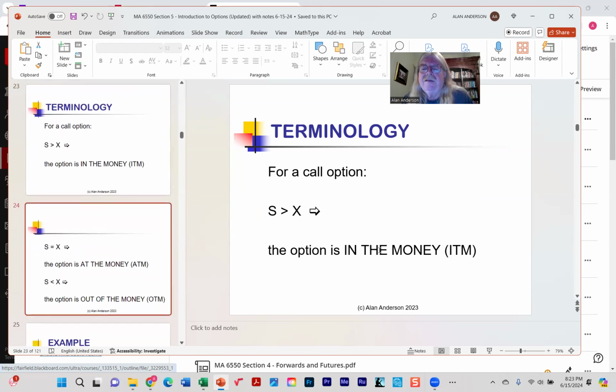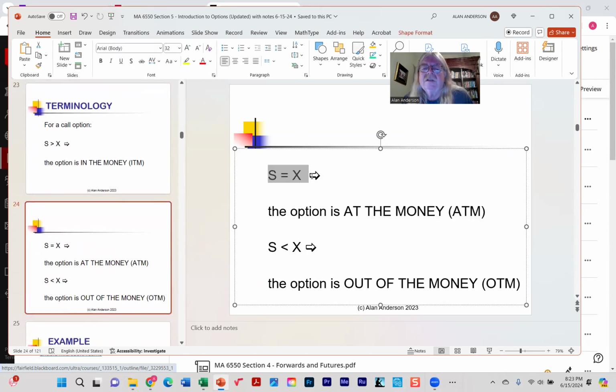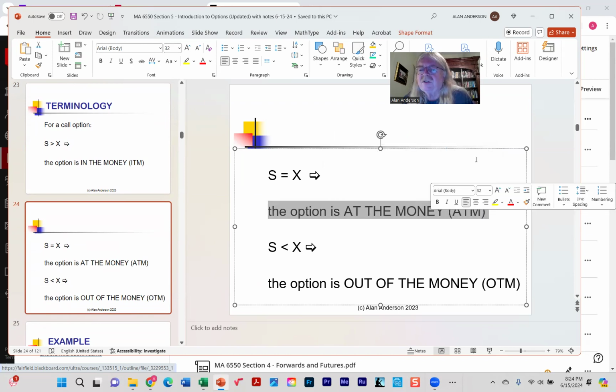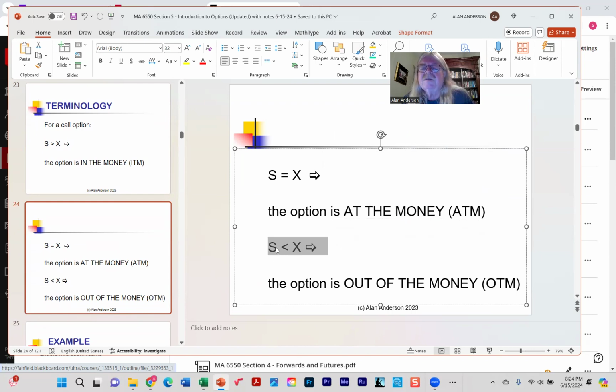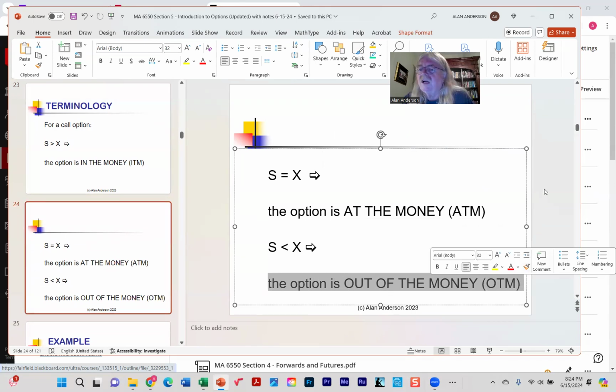If these are equal to each other, the option is at the money, and you could exercise the option, but you would just be breaking even. And here the option is out of the money, meaning the spot price is below the strike, and you would lose money if you exercised it. So you will not exercise the option. You'll just let it expire and end up with 0 as your payoff.